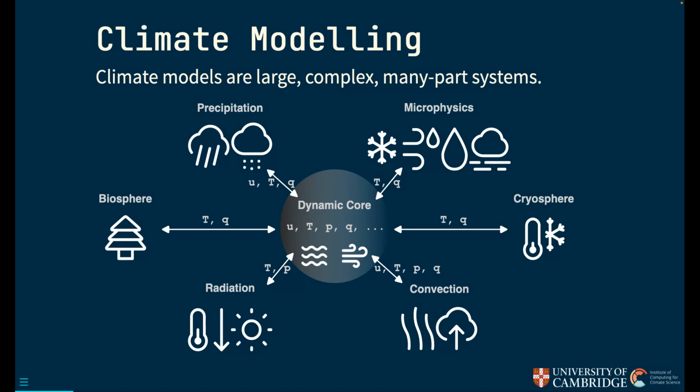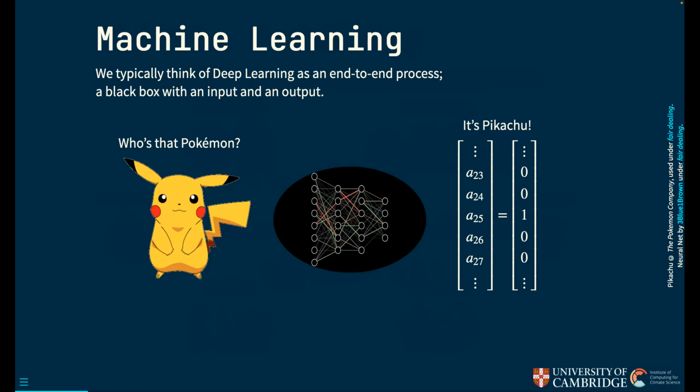And this is slightly different to how we might think about traditional machine learning. So particularly deep learning is often, particularly in popular science, approached as this sort of black box model, where you feed it some kind of input, so in this case an image, and you get some kind of output that gives you an interpretable answer that you are then left to do something with.